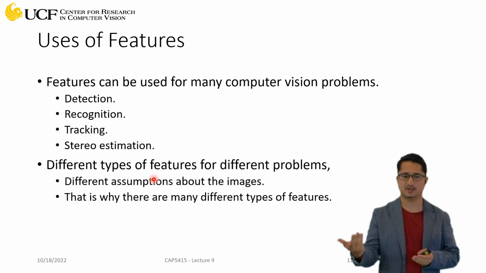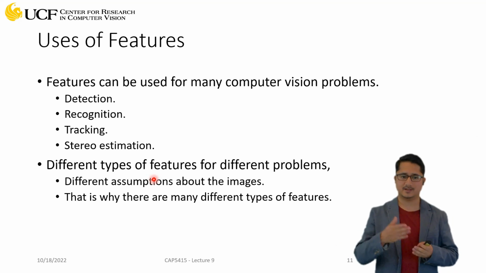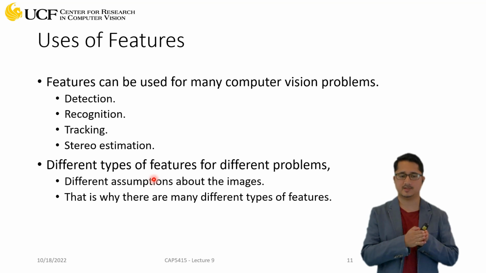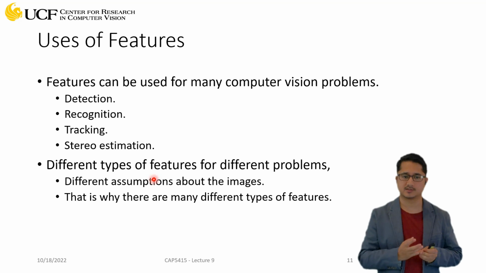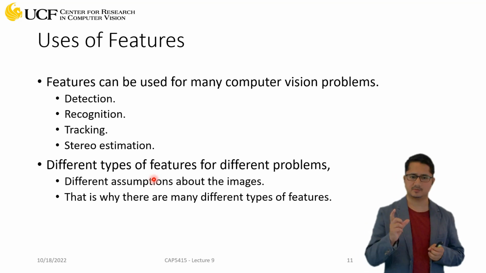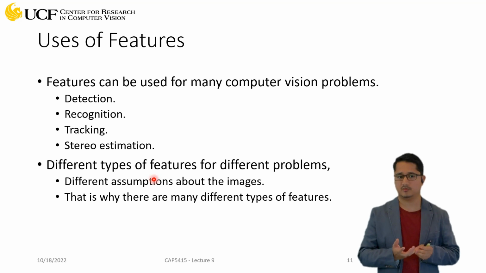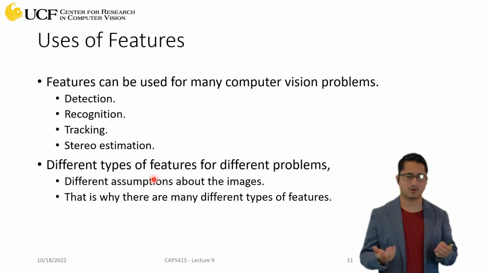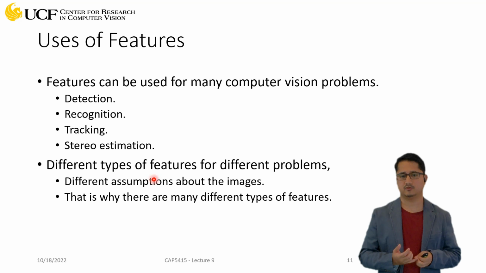In that case, you might need different kinds of features, as against a problem which says that, given an image, you have to identify whether there is an apple present in the image or not. In that case, color might be useful, because you might not have a very oddly colored apple. You won't see a pink apple or purple apple.